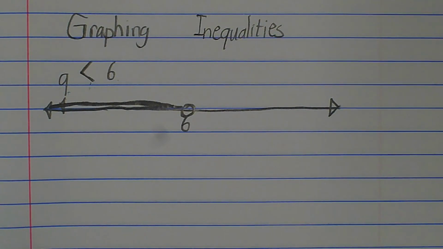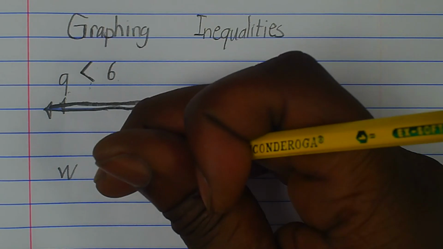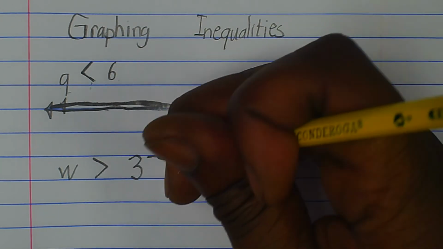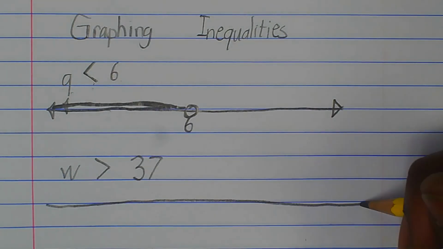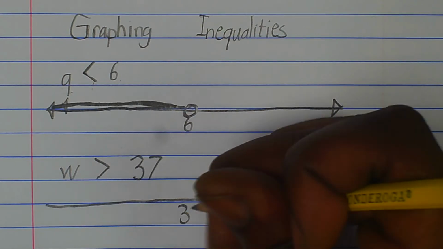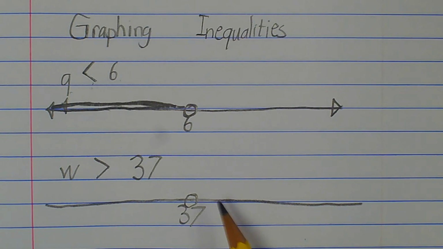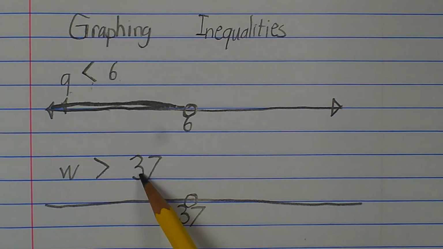If I have the following, W is greater than 37, on my number line, where 37 is, I'm going to have an open circle, because that means W is greater than 37, okay?